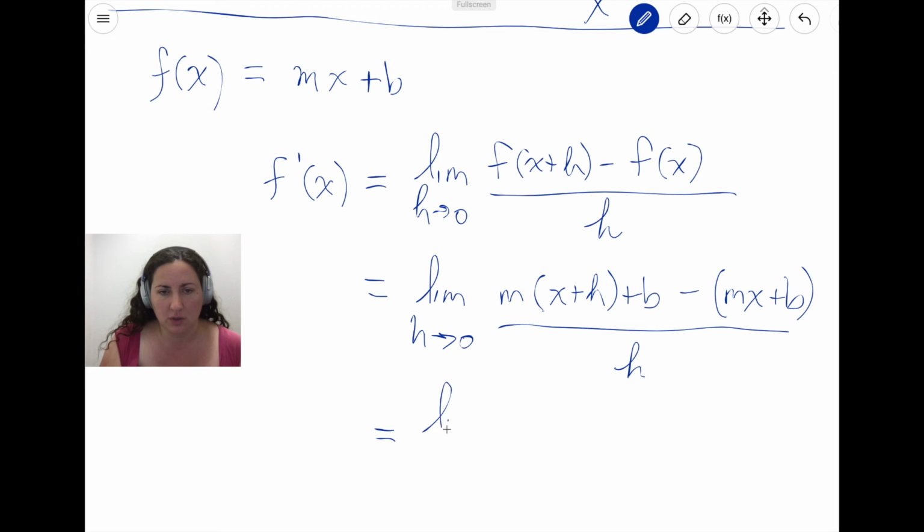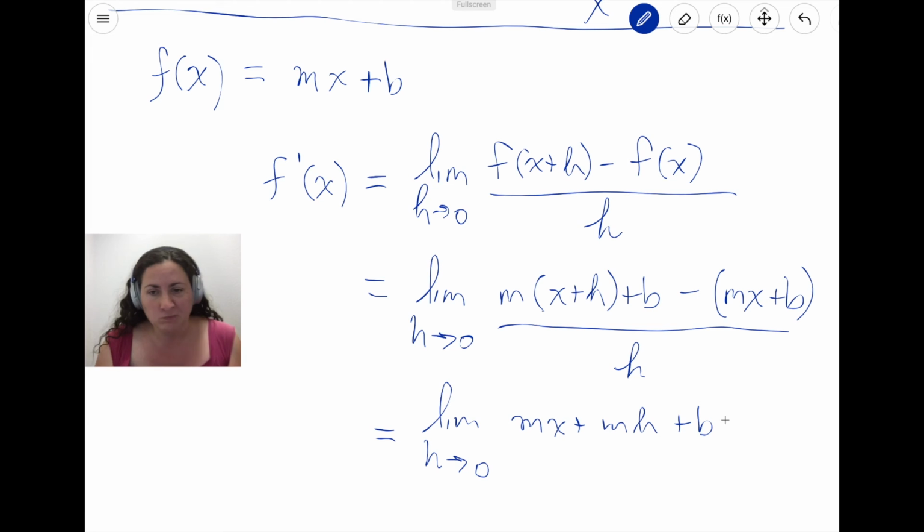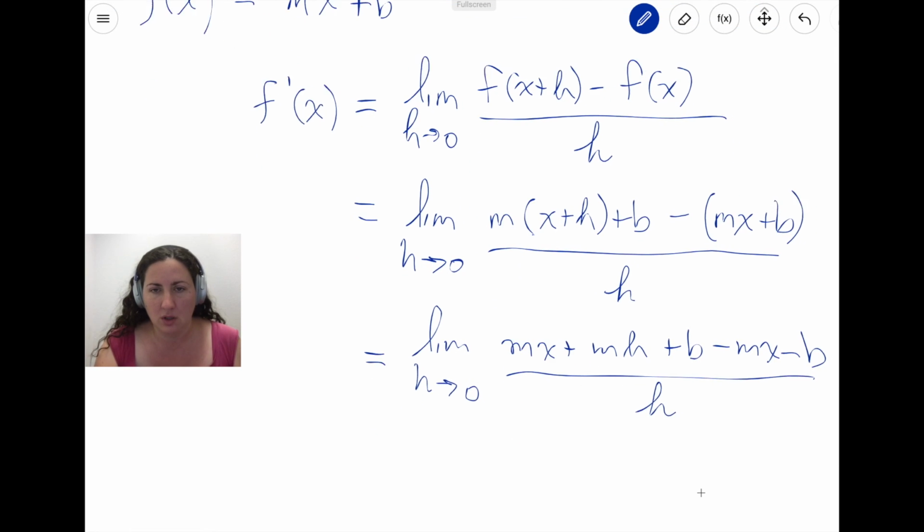So then we just need to simplify a bit here. I'll go ahead and distribute the m. So I have mx plus mh plus b, and then I'll distribute this negative sign also. So I have minus mx minus b. That's my numerator, and then still all over h.